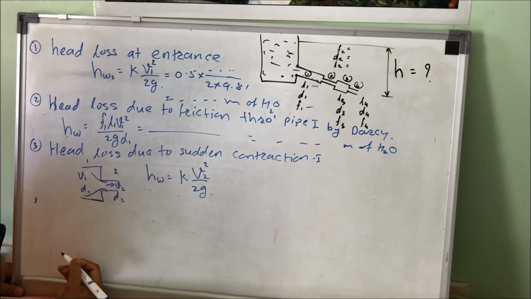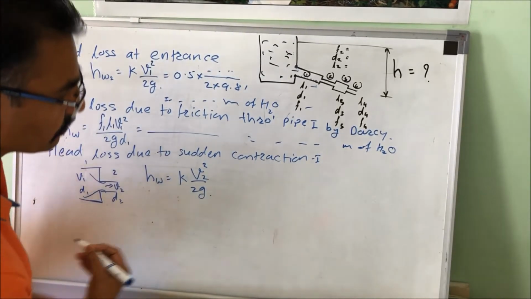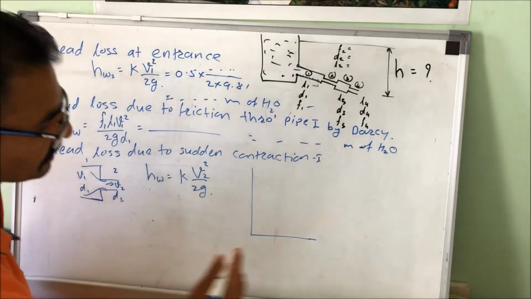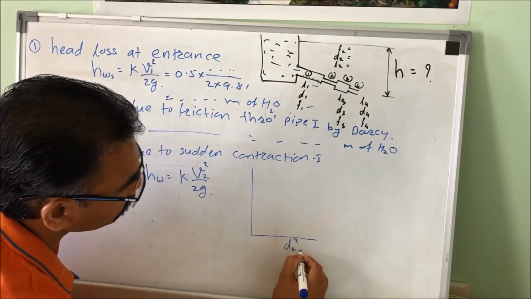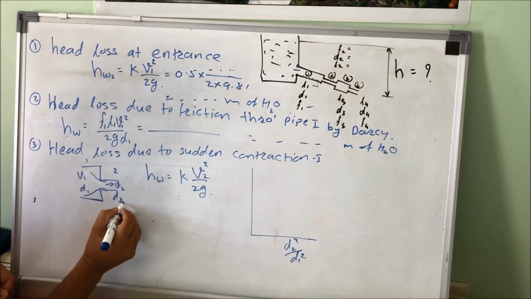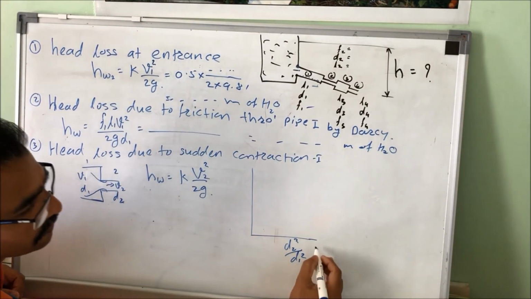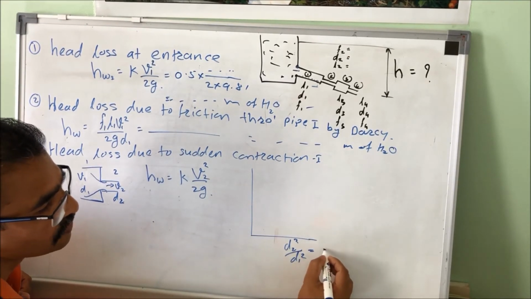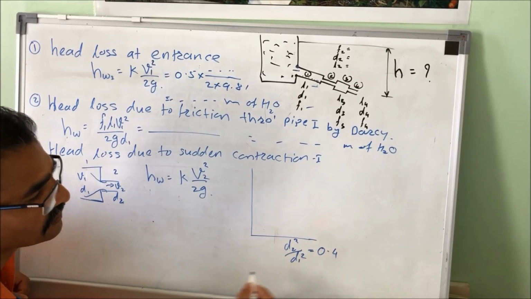And K is read from the graph. The graph is given to you in the Word file. This graph is in terms of D2 square by D1 square. So you have D2, you have D1, put these values, and you will get some fraction because D2 is small and D1 is bigger, so you will get 0.something like 0.4.